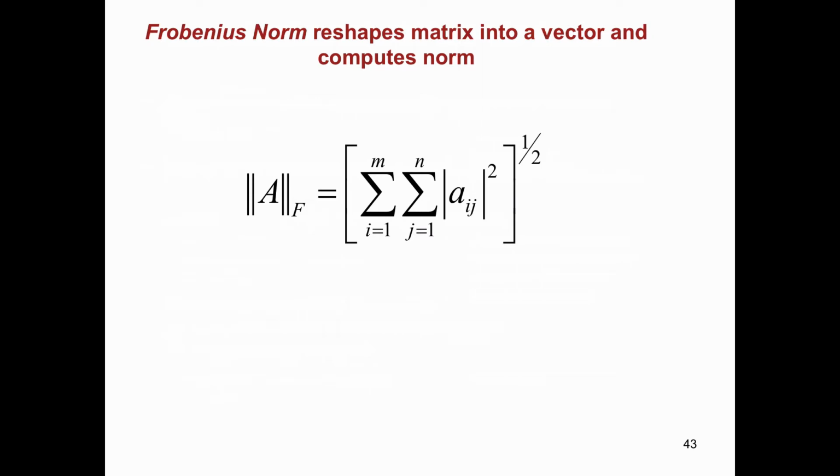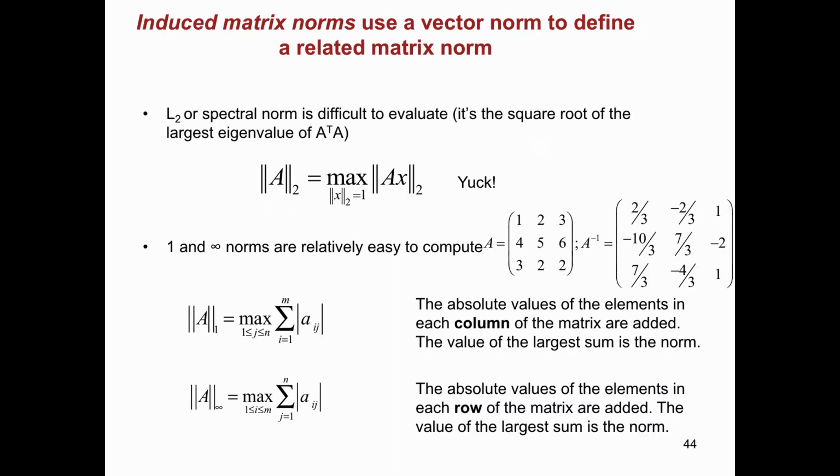I have two dimensions to this array, so I have to do a double sum in order to compute the norm, and then I take the square root. This is not, however, a direct generalization of the 2 norm for matrices, even though it looks like it. Okay? The definition of a norm for a matrix is as follows.